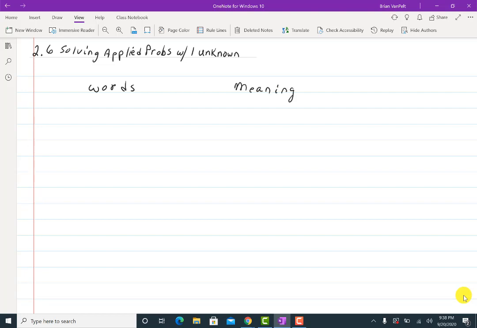Some of them are easy. Let's start with the word sum. Obviously, that means addition. Most of these you'll actually know, but just in case you don't. Difference: subtraction.